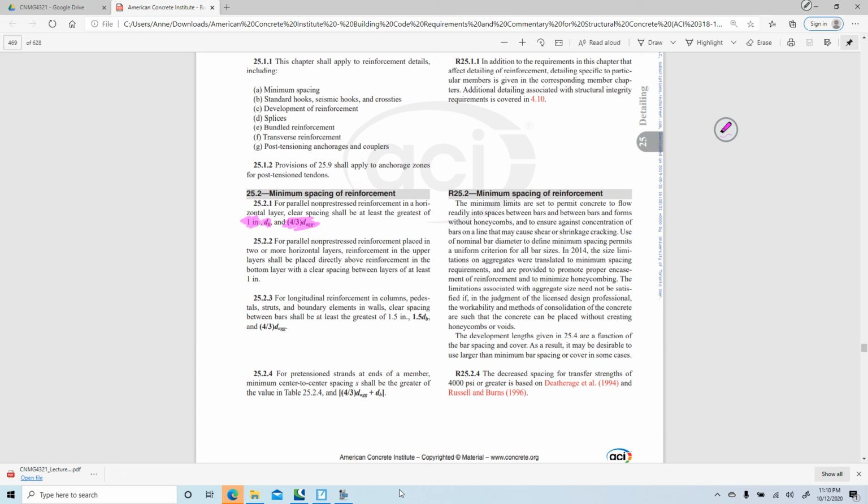And then for parallel, in the same layer, right? On the next one, it says for parallel non-pre-stressed reinforcement placed in 2 or more horizontal layers, reinforcement in the upper layers shall be placed directly above the bottom layers with a clear spacing of at least 1 inch.